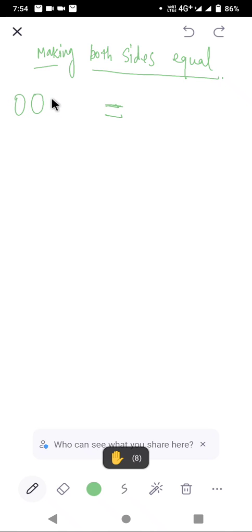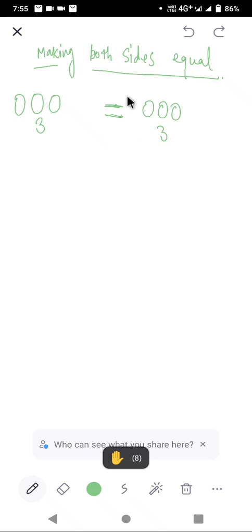Here we have 3 on the left hand side, and when we put this equal sign, it means we should have 3 here on the right hand side also. Here how many balls? 3. So it should be 3 here also.